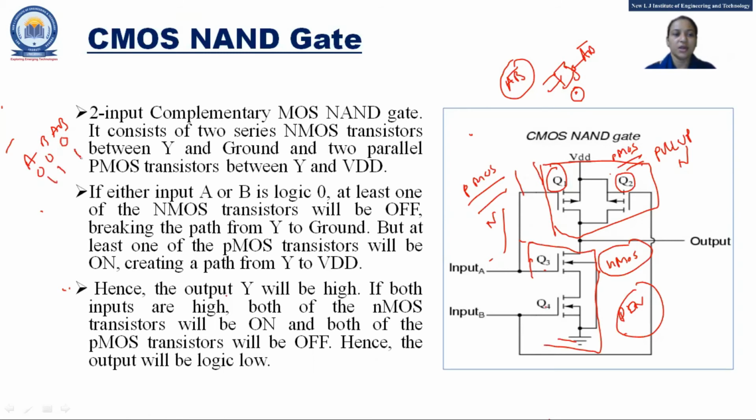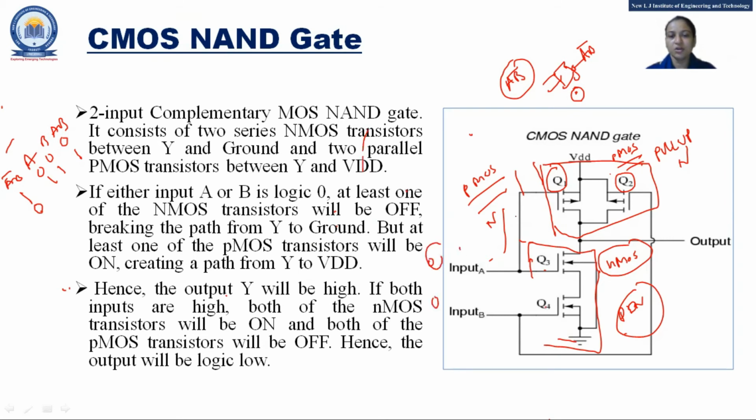For 1 1, it is 1. The NAND gate is opposed to this: for 0 0, it returns 1, and for 1 1, it returns 0. So now if we apply both inputs as 0 0, the output should be 1.